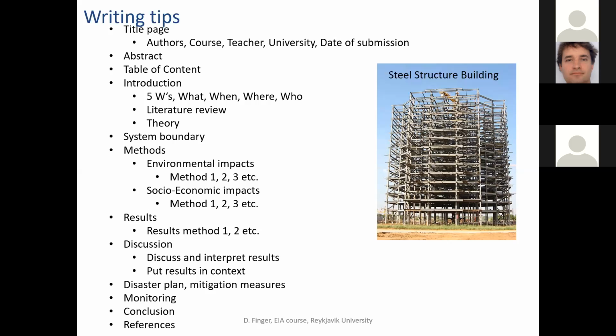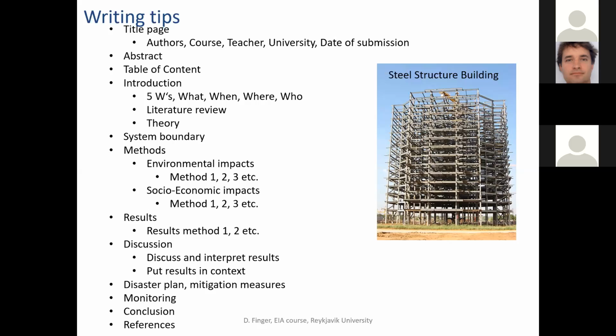But yeah, then of course, once you have described your methods, you list the results without much interpretation. And then you can have a discussion where you interpret your results and you say, look, the impacts look like this, but the social benefits might prevail, and discuss your results and put them in context.